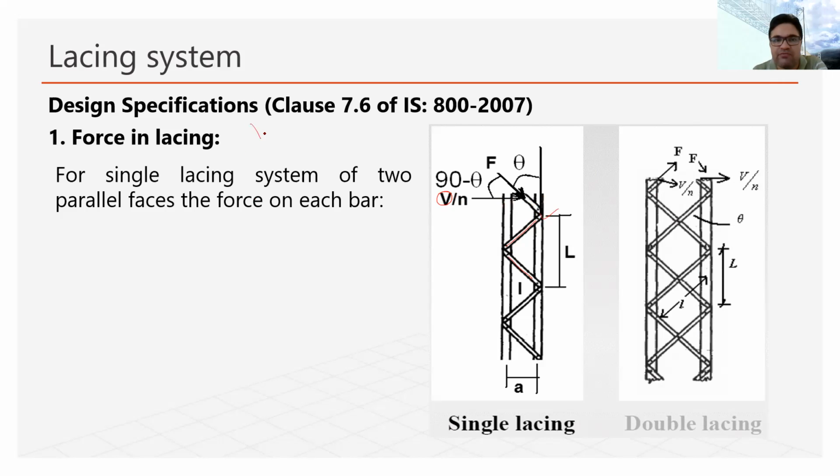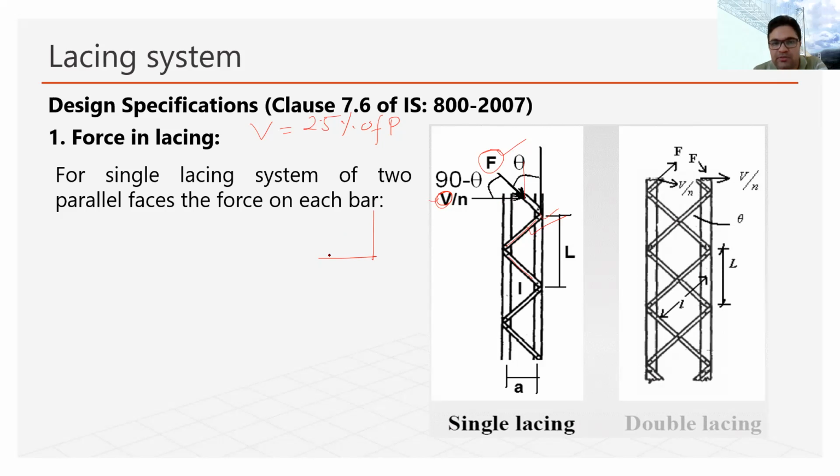So the V value that we have calculated, which is 2.5% of P, on a single lacing will be calculated as the F value, and the F value is basically calculated from this V value. Let me write here, I'm just making the force diagram.